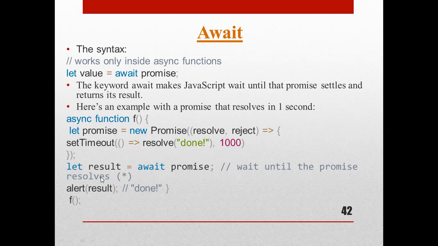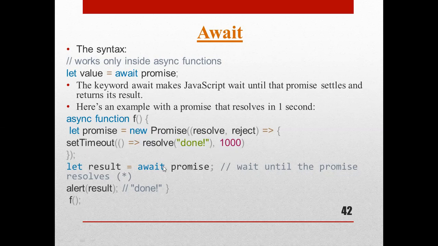It will wait until that promise resolves, and alert the result, which is done. At last we call this function f. Function f contains one promise with the setTimeout method, resolving "done" with a timer of 1000, that is 1 second.